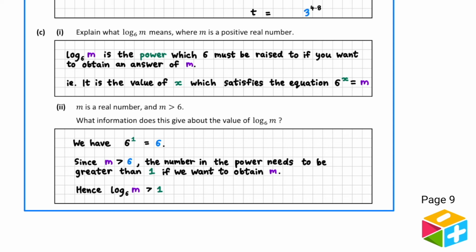A value which is greater than 1 in the power will give you a value which is greater than 6. Since we're told that m is greater than 6, the number in the power will need to be greater than 1. From here, we can conclude that log base 6 of m must be greater than 1.